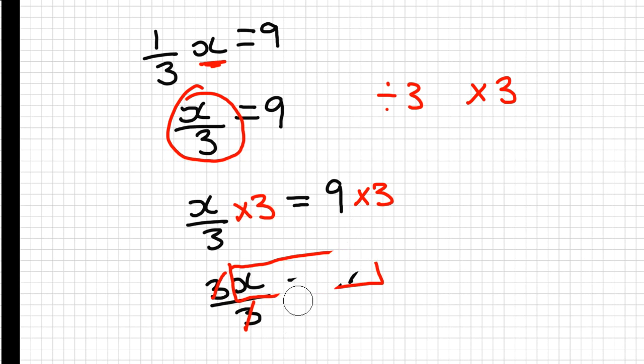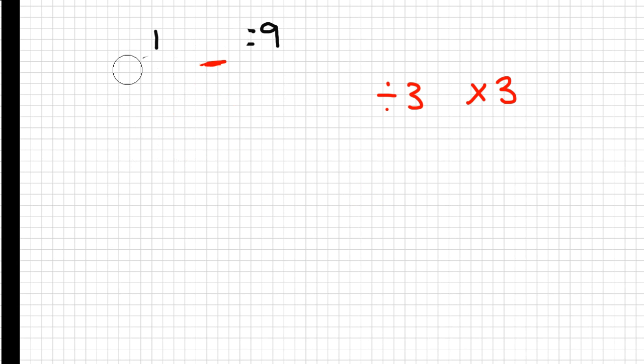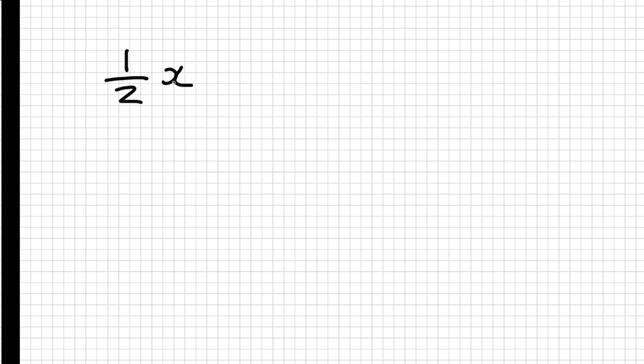Just to make something clear here, these fractions can become confusing. If I have 1/2 x, if I see it written like that, this means 1/2 times by x. This is the same as x over 2.